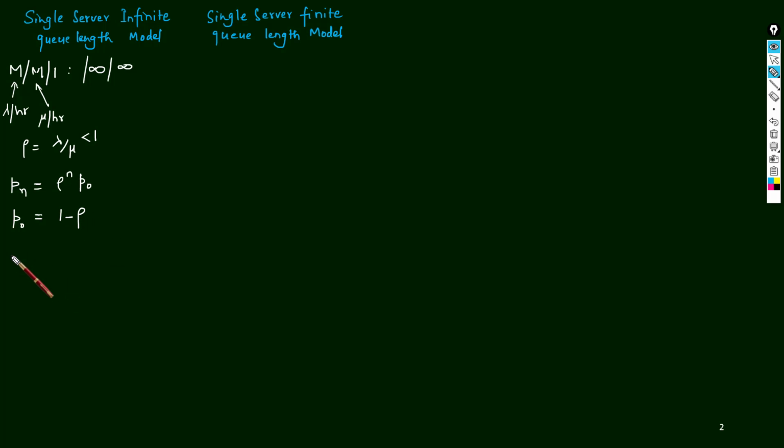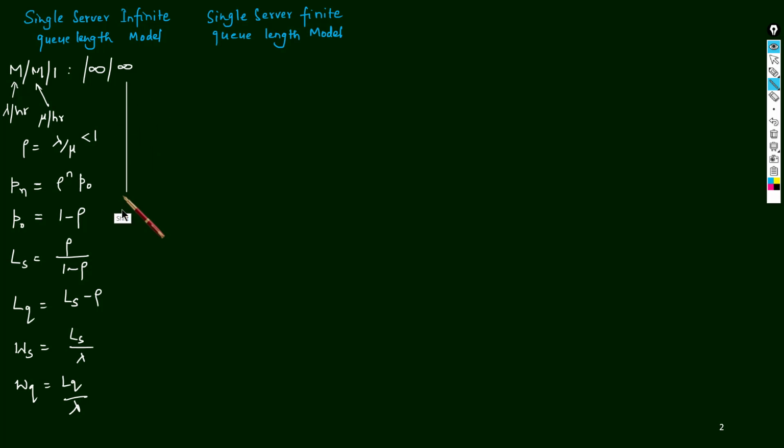And Ls is rho upon 1 minus rho. Lq is equal to Ls minus rho. Ws is equal to Ls upon lambda, and Wq is equal to Lq upon lambda. So these are the formulas which we have used.